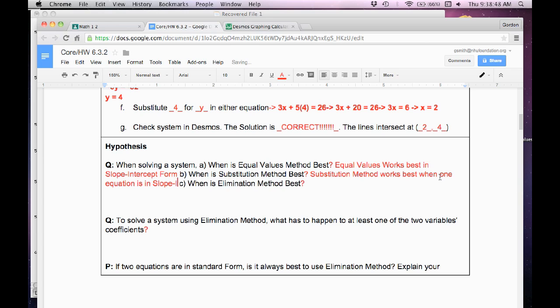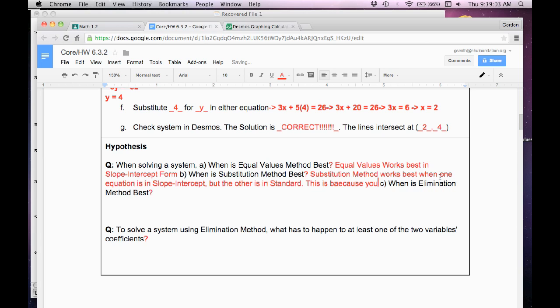In other words, the variable is isolated, but the other is in standard. And this is because you can substitute the mx plus b for y into the standard equation.